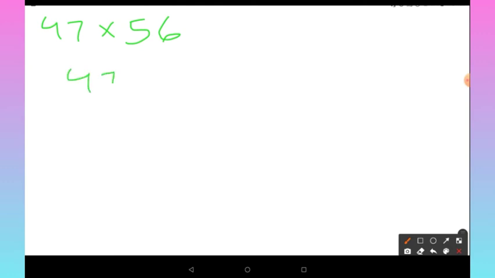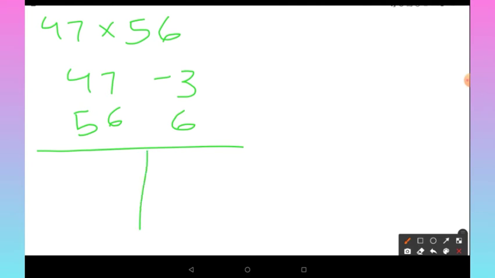Your question is 47 into 56. We can agree on the base as 50. So you will get 47 as 50 minus 3 and 56 as 50 plus 6. Here one number is below the base and another is above the base, so we will get a negative number when you multiply the deviations, and we have to apply that rule.